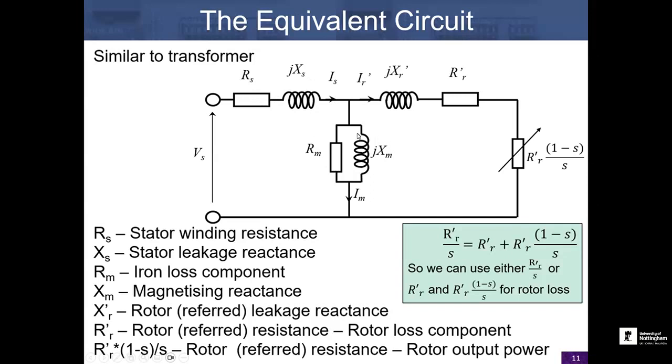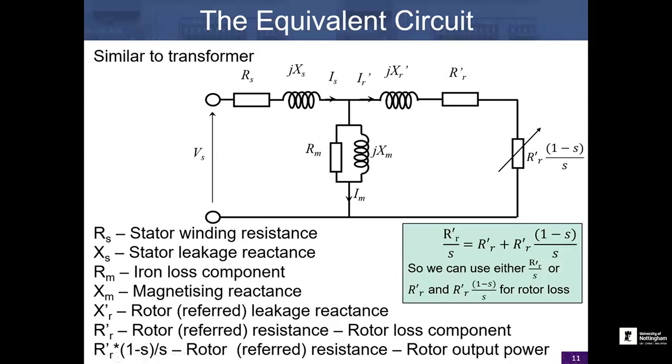We have our magnetising branch components. RM represents those iron losses we talked about, hysteresis and eddy current, while XM represents the magnetic field linking the stator and rotor. We have a second leakage component in the referred rotor circuit, jXR, representing the leakage of the current flowing through those rotor conductors. And then we have the resistive components on the rotor.